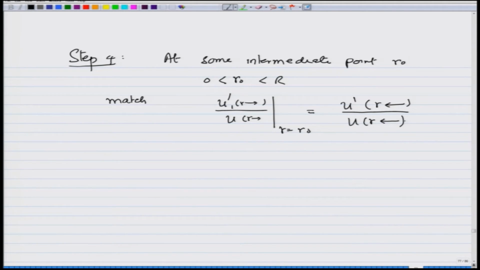So, these are to indicate two different solutions you are developing at r equals r naught.